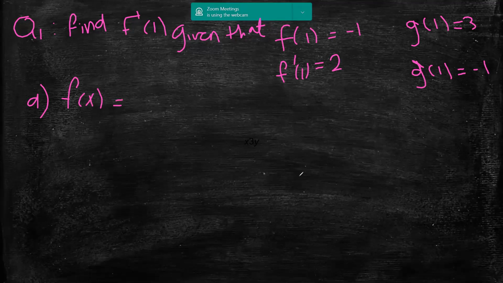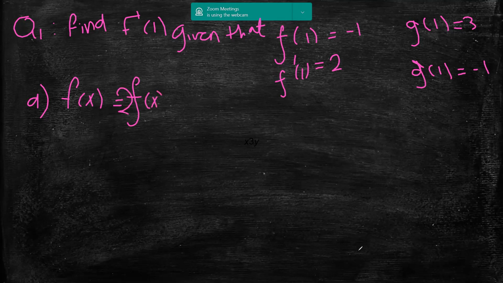If you know that, here, sorry, here it's not f capital, here it's an f small. So f of x is 2 f of x minus g of x.